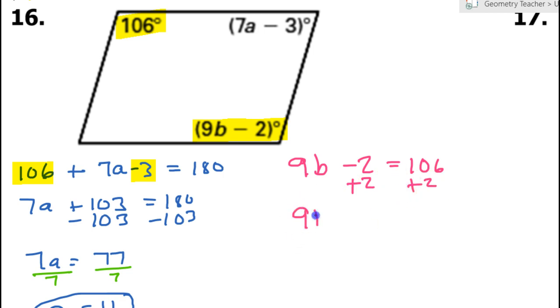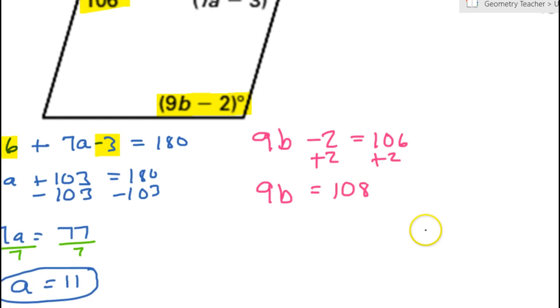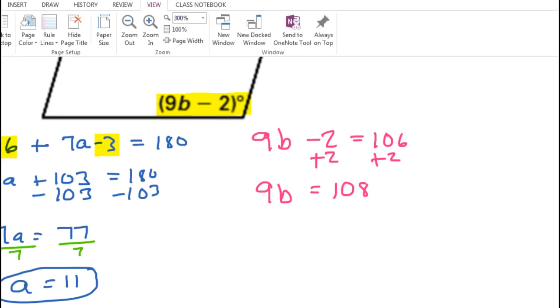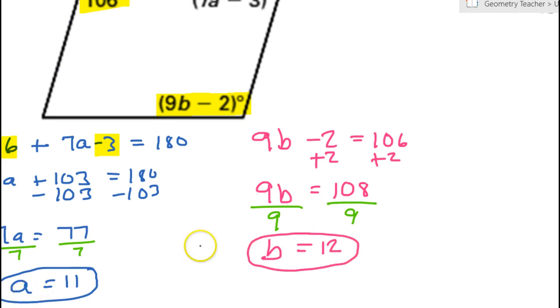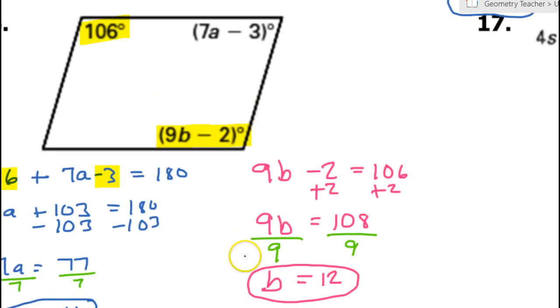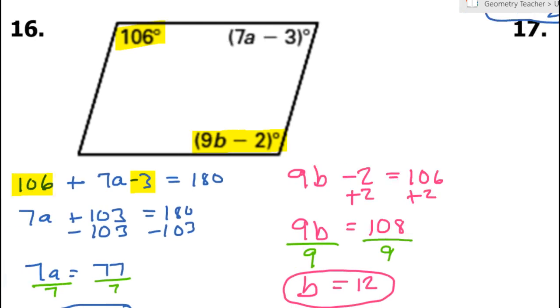So that will give me 9b is equal to 108. So I need to divide both sides by 9. So b is equal to 12. Alright, so that was it for number 16.